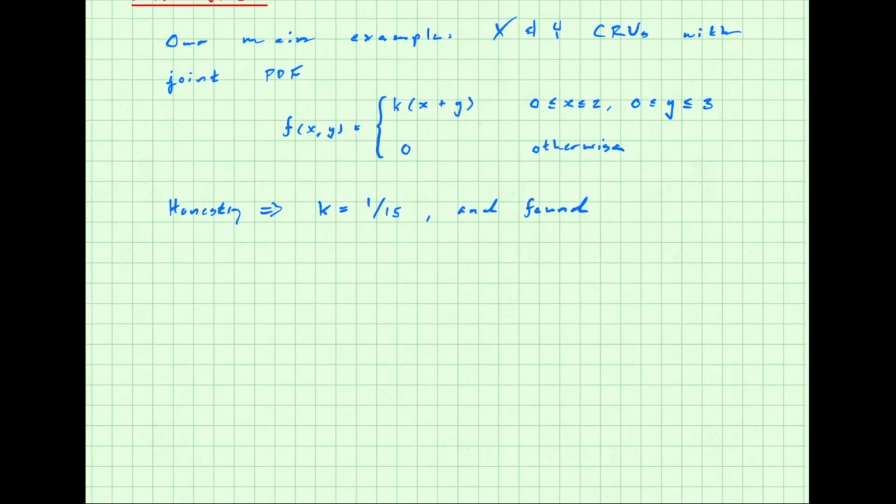So if you integrate the probability density function over all of y, you get the marginal distribution for x, which looks like this. It's also piecewise defined, so it's 1/15 times, better put that in parentheses, times (3x plus 9/2). So we just found that by doing the integral over all of y. And this was for x going from 0 to 2 and 0 otherwise.